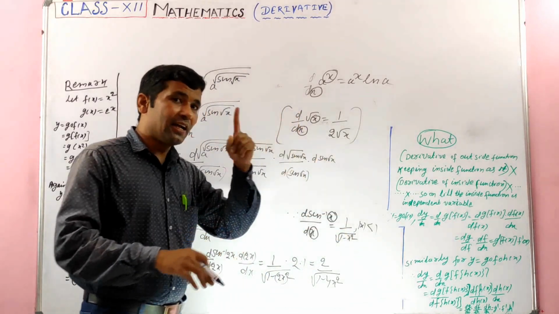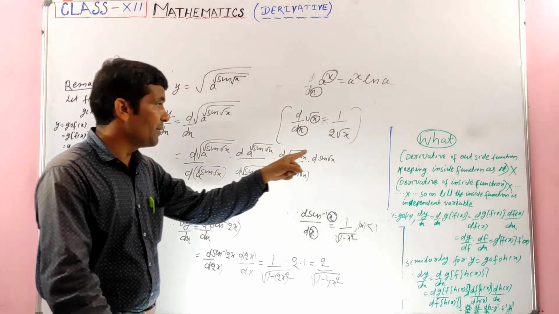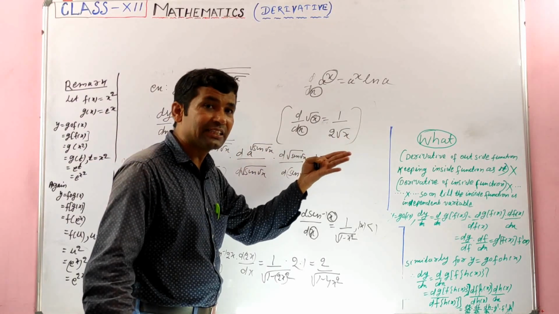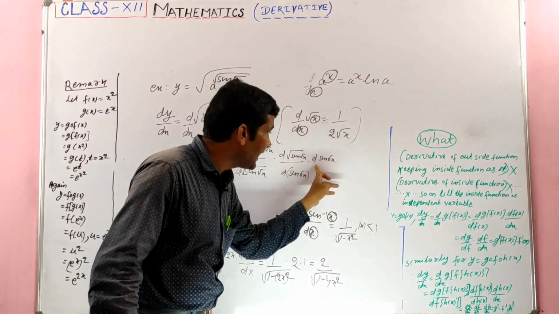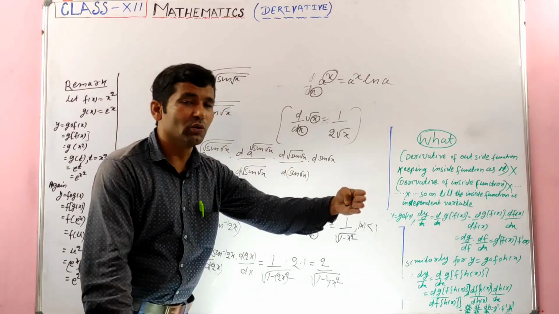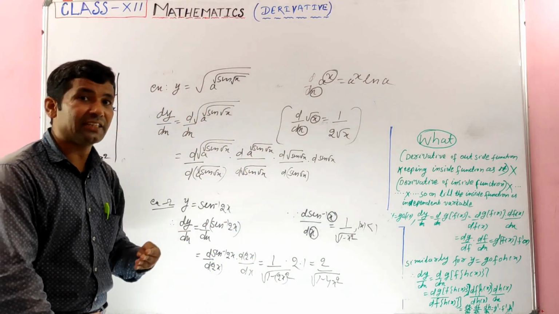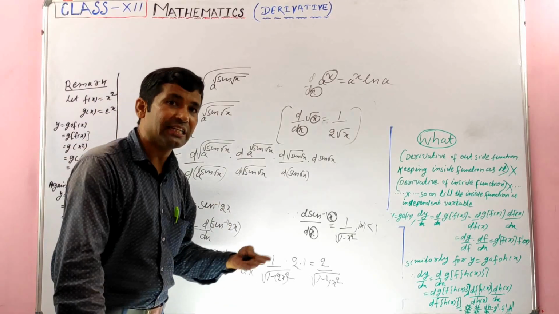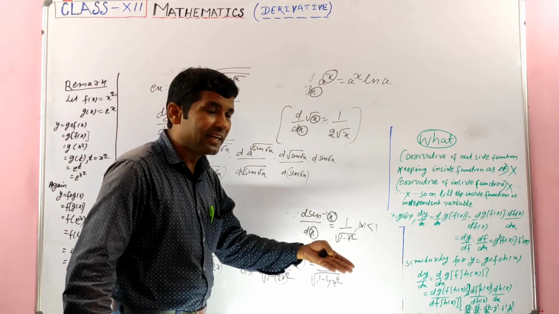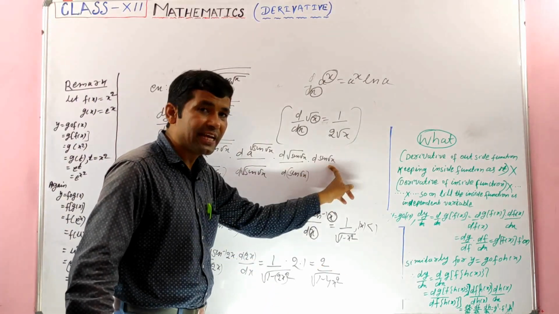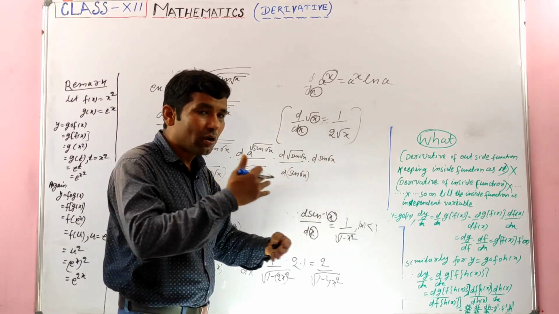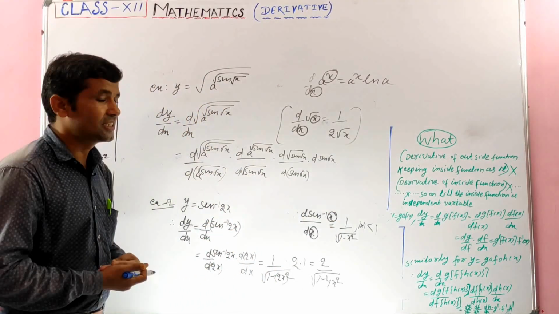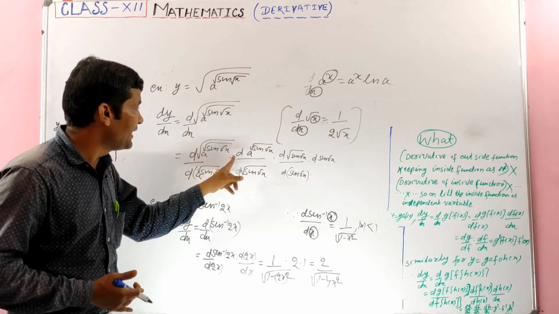Now look at the inside variable. The inside variable is root x, not exactly x. If it is exactly x, we can write here dx. When you get the independent variable x or independent variable t, etc., you can write it directly as by dx or by dt. If not, you should adjust in every step.